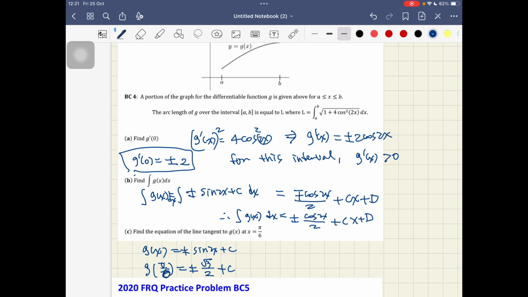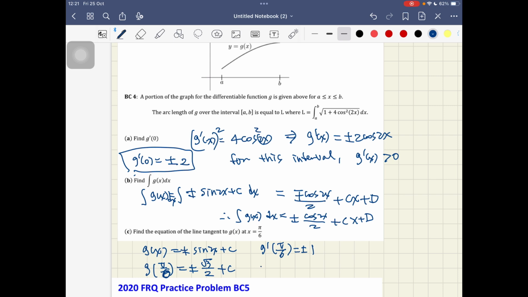And g prime of pi over 6 becomes 2 times plus or minus cos pi over 3, which is 1.